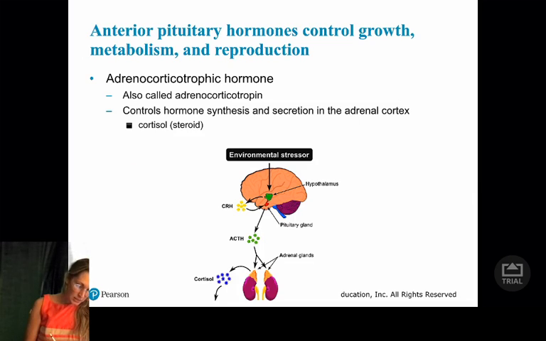So these are your adrenal glands, and they sit on top of the kidneys in humans. The adrenal cortex is part of the adrenal glands. The adrenal glands have two different sections, the cortex and the medulla. And adrenocorticotropic hormone controls synthesis in the adrenal cortex, and that hormone is cortisol.